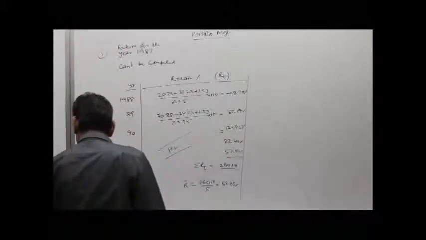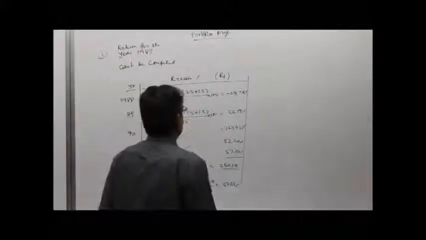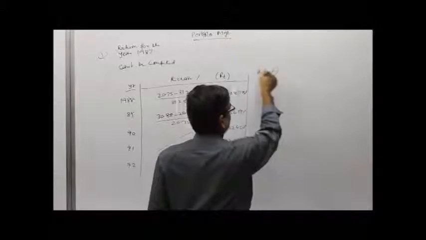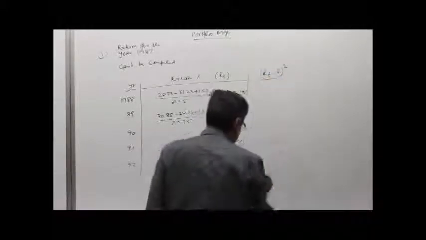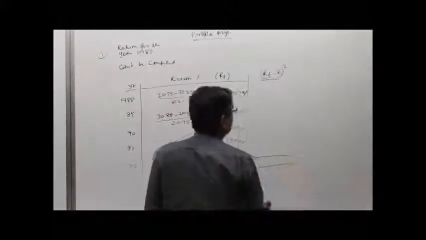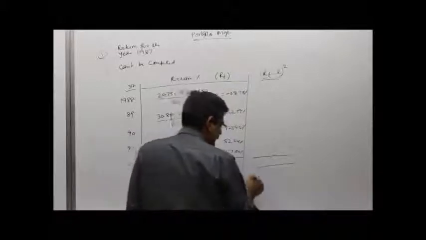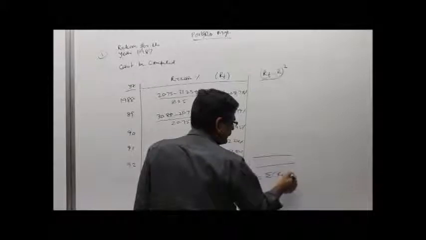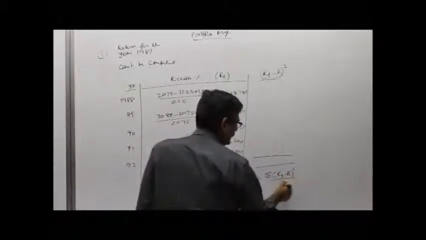Then comes the variance. For variance, we need to compute RT minus R bar whole square, then sum it up, and then divide by n. We already know the formula: it is RT minus R bar whole square divided by n.